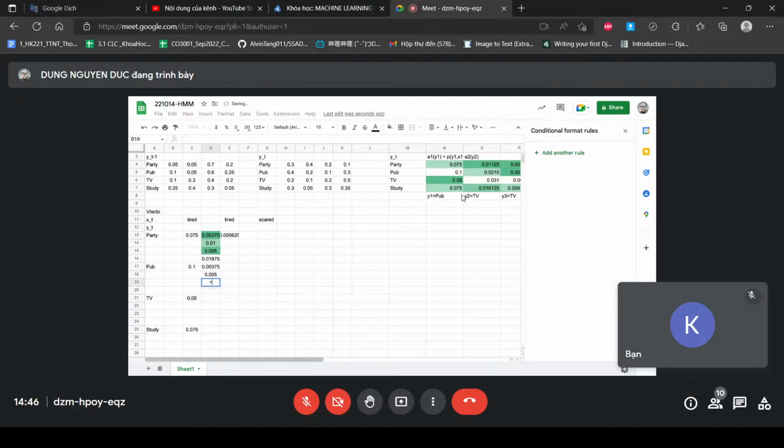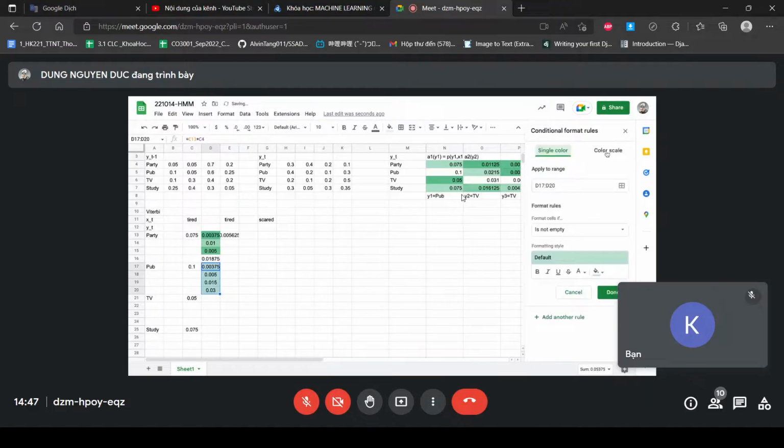This equals C21 multiplied with C6, and finally you have C25 multiplied with C7. So of those four numbers, which one is the maximum?